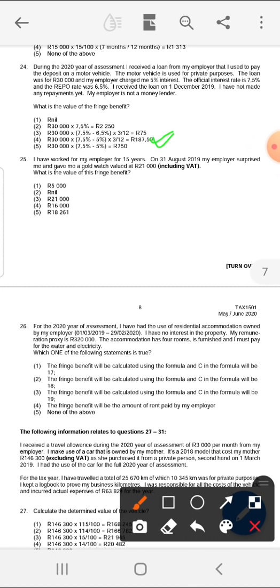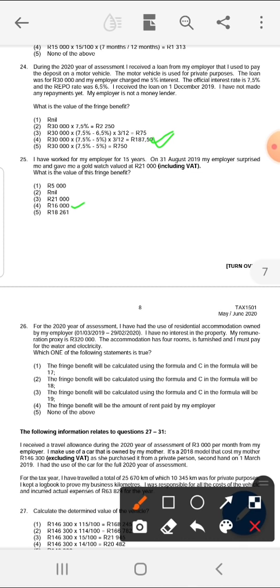This kind of fringe benefit is assets acquired at less than market value. That's where you see the rules on how to calculate the value of this kind of fringe benefit. So 21,000 less 5,000 gives us 16,000. So the correct answer will be option 4 again.